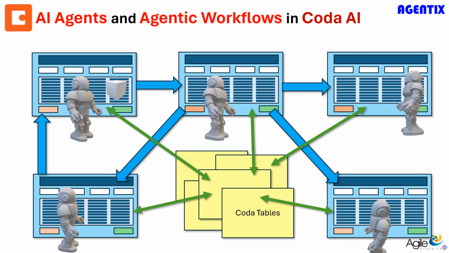So each agent is activated when some work arrives for it to do. It executes its own internal logic using a series of AI interventions to progress the workflow, update the Coda data tables, and then pass the work on to the next agent.